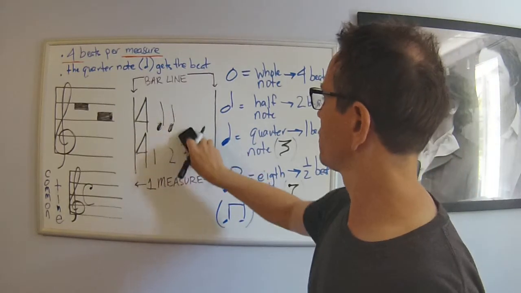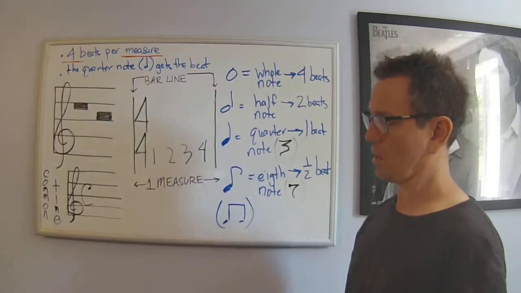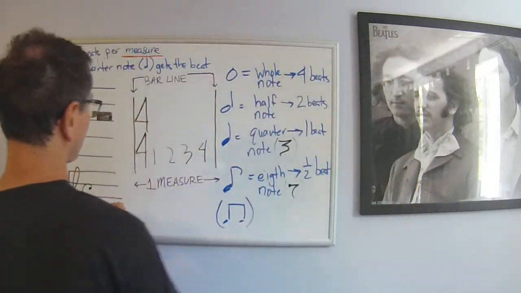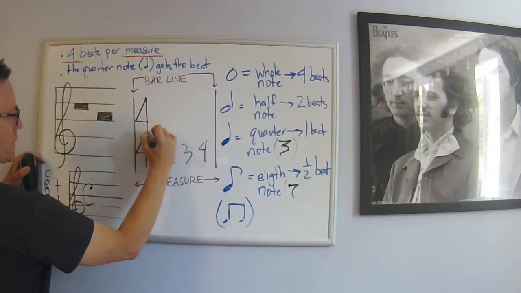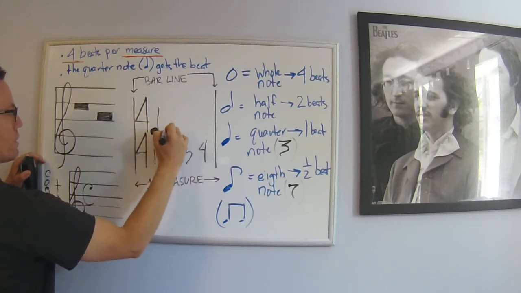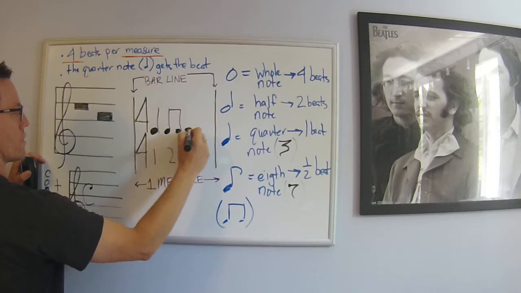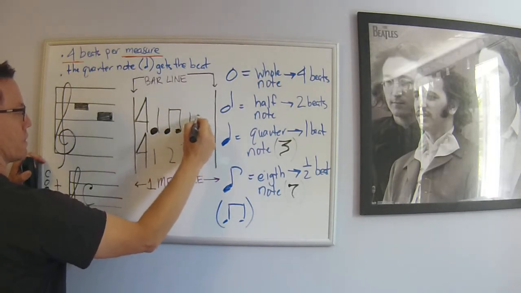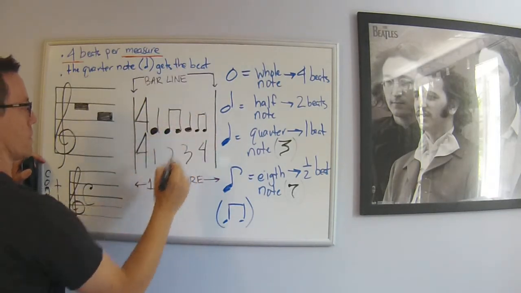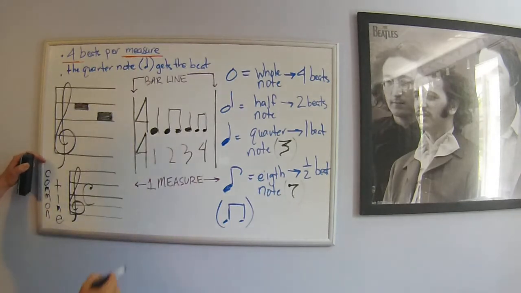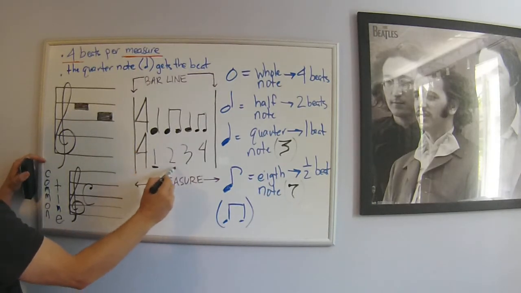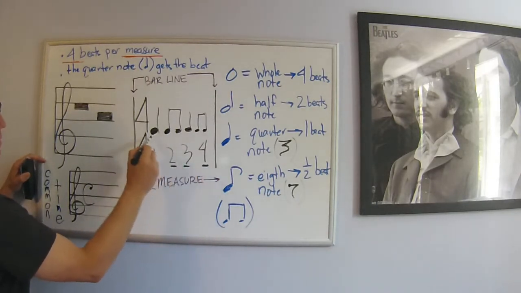If we get into eighth notes, say we had something like this: a quarter, 2 eighths, a quarter, 2 eighths. We still have our primary 1, 2, 3, 4 right there.